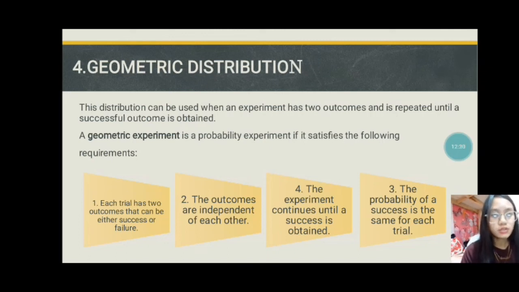First, each trial has 2 outcomes that can be either success or failure. Second, the outcomes are independent of each other. Third, the probability of a success is the same for each trial. Fourth, the experiment continues until a success is obtained. The geometric distribution tells us when the success is likely to occur.